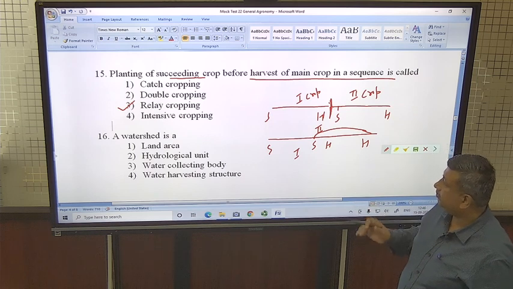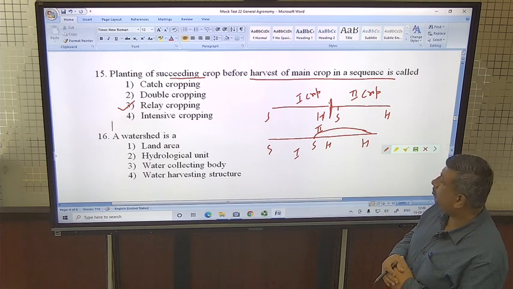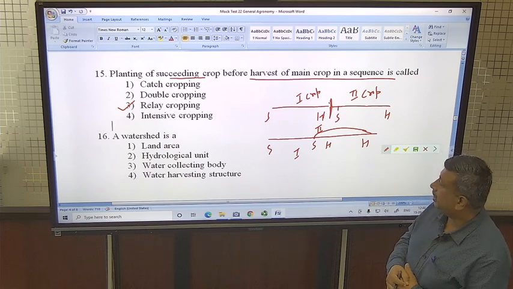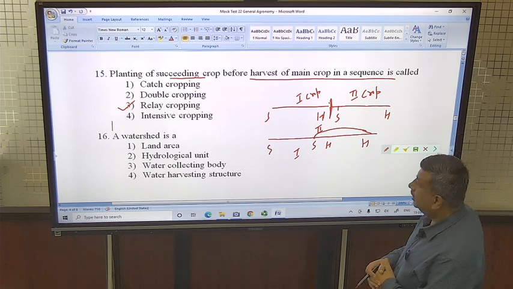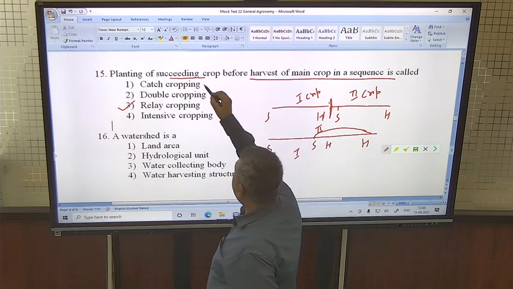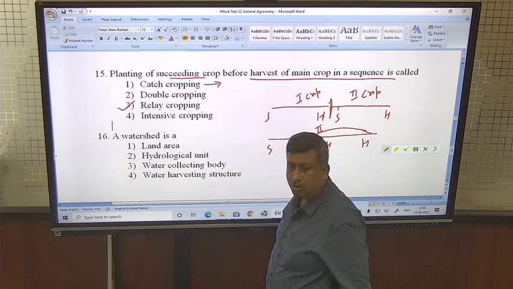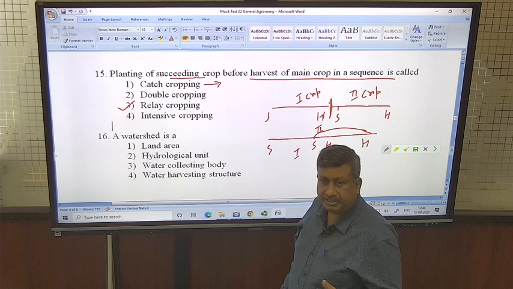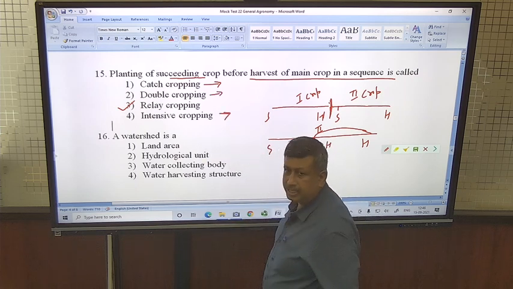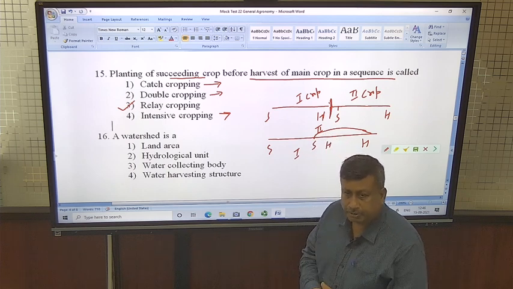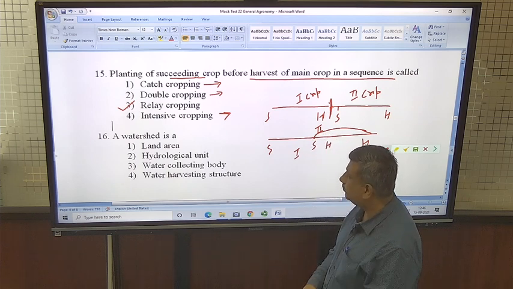Where one crop is sown before the preceding crop is harvested, it is known as relay cropping. In catch cropping, a short duration crop is grown in the season, in double cropping two crops are grown, and in intensive cropping many crops and many inputs are used.